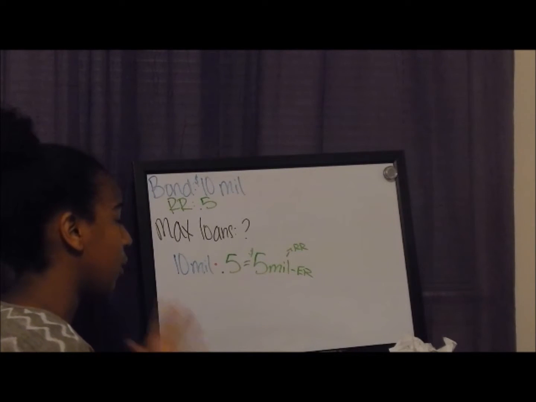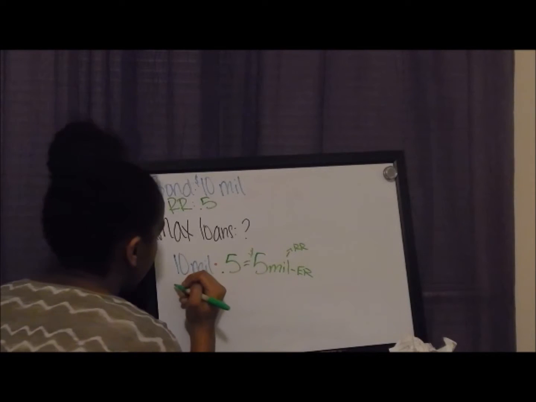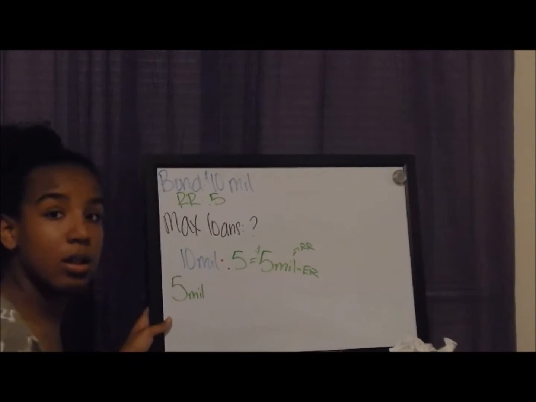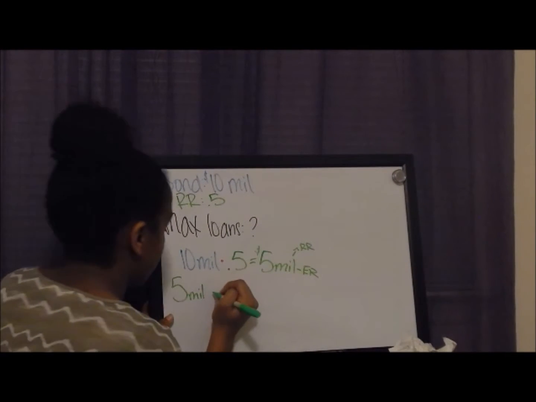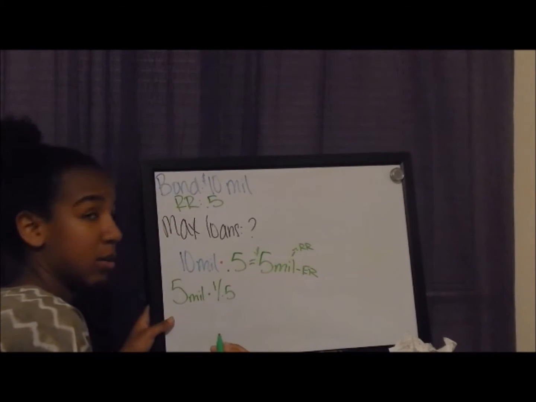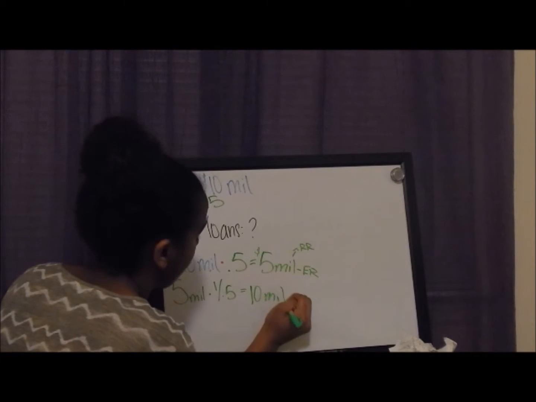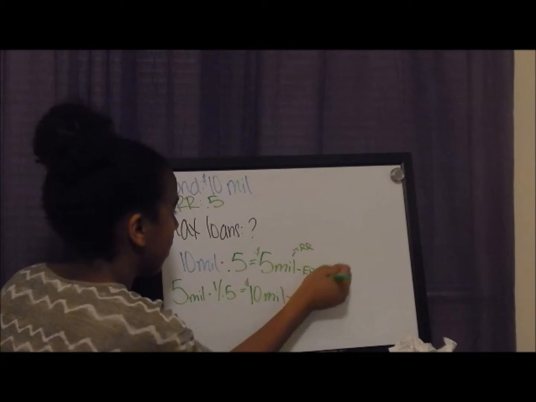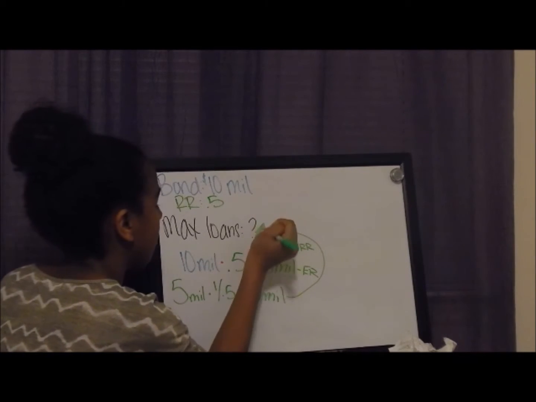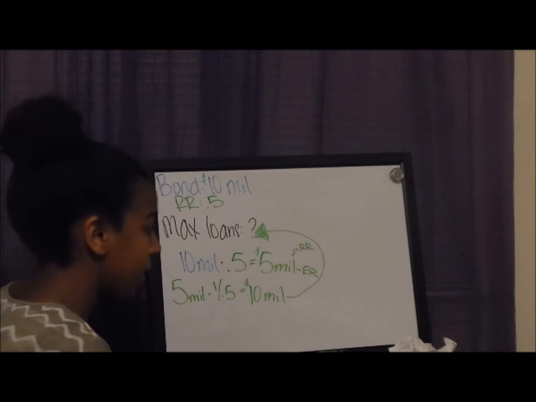If you want to know the maximum amount of loans, you would take the 5 million from required reserves, which is the money that can be loaned out, times 1 over 0.5, which is the monetary multiplier, and that will give you $10 million. Which is the total max amount that can be loaned out.